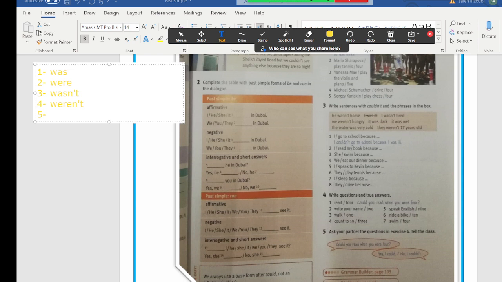Number five, interrogative and short answers: Was he in Dubai? Yes, he was. Or no, he wasn't. Number eight: Were you in Dubai? Why did we use were? Because it says you, and as we agreed, with you we use were. With he we use was.